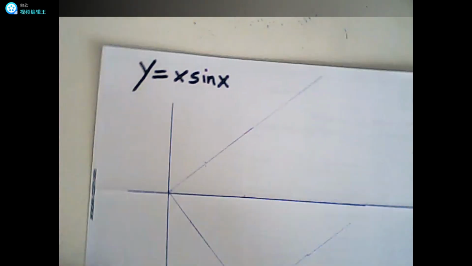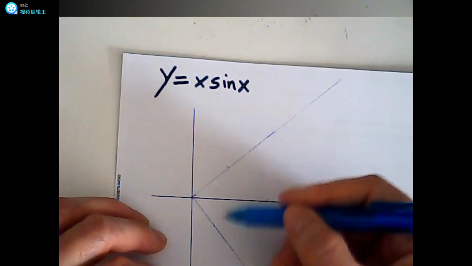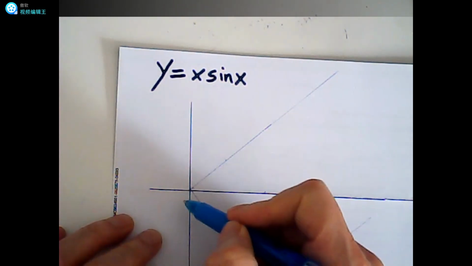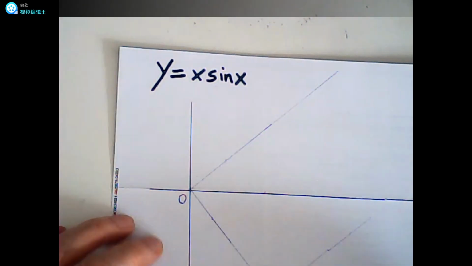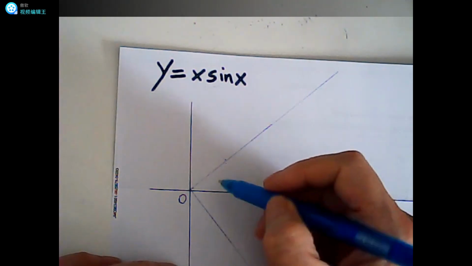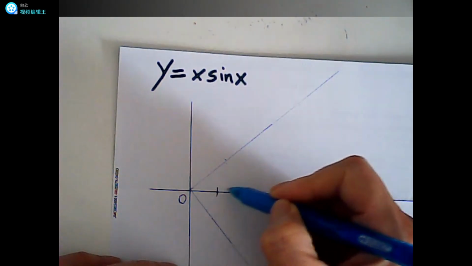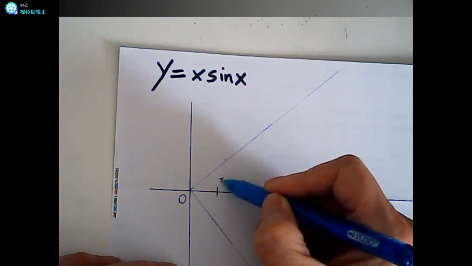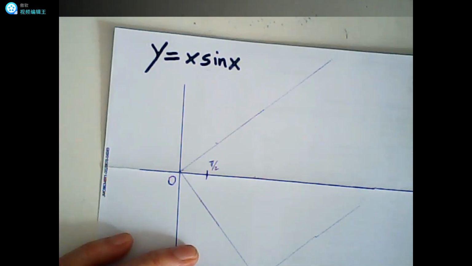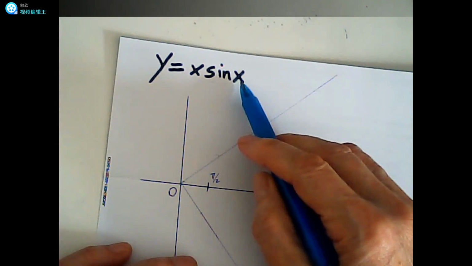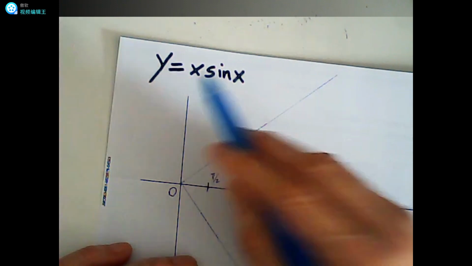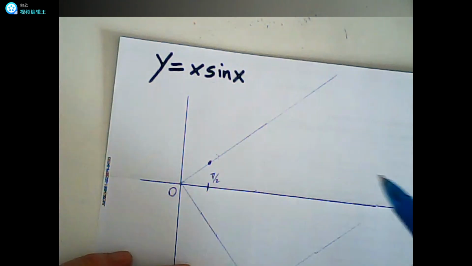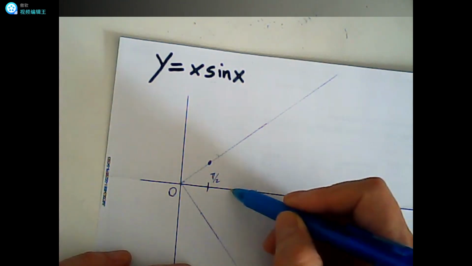We just need to grasp the critical points there, okay? When x equals 0, y is 0, right? When x equals half pi, then sine x equals 1, therefore multiplied by half pi is half pi. That is the point the curve passes through.